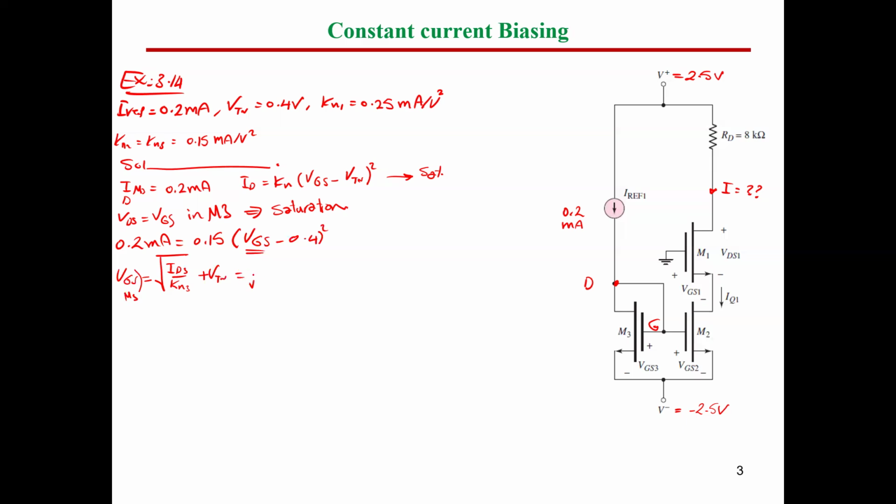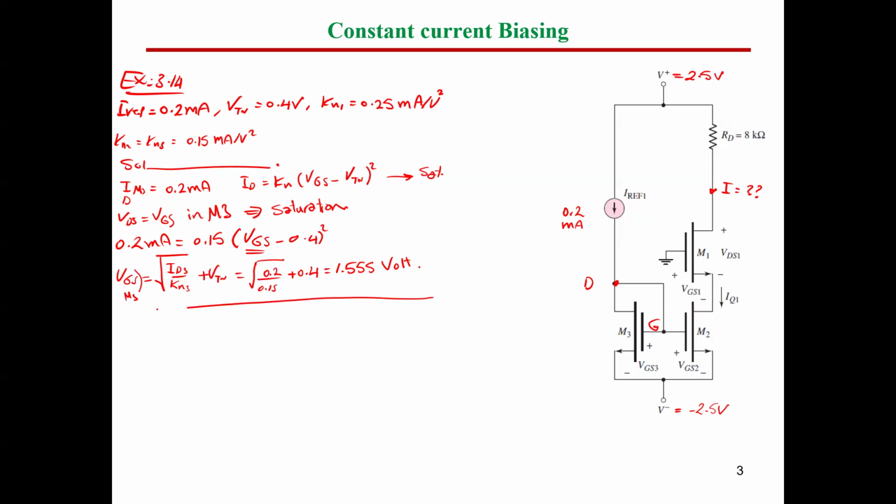So this would be now the square root of 0.2 divided by 0.15, plus 0.4, and this value would be 1.555 volt. So this is the value of the gate to source voltage of MOSFET number 3.